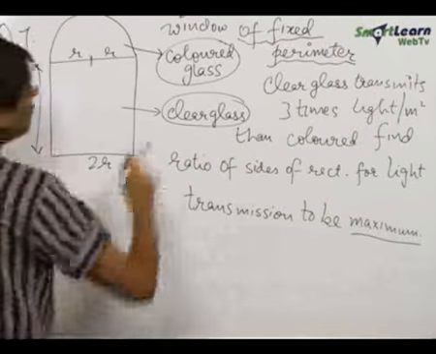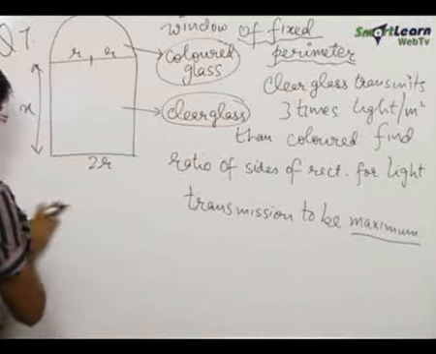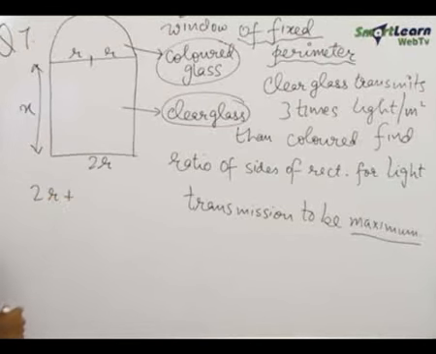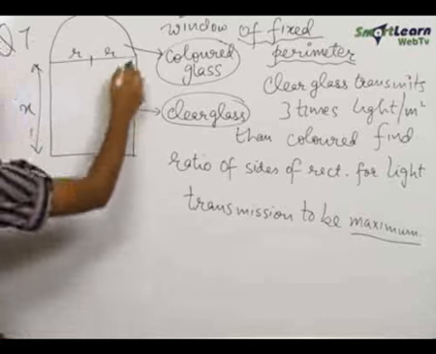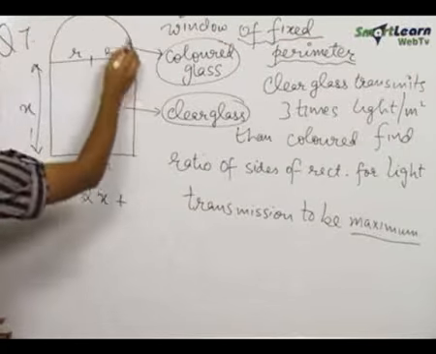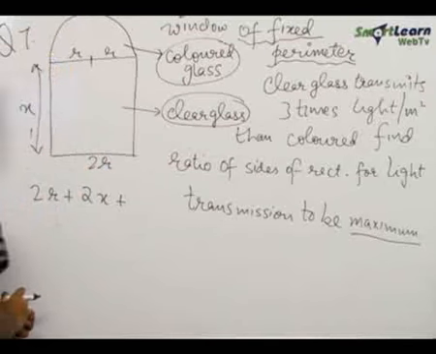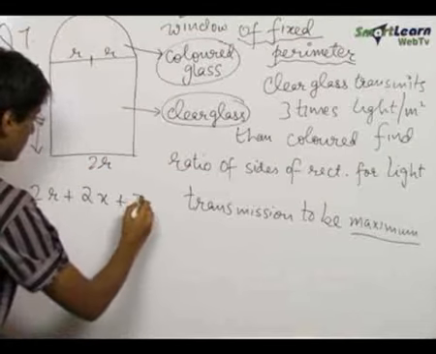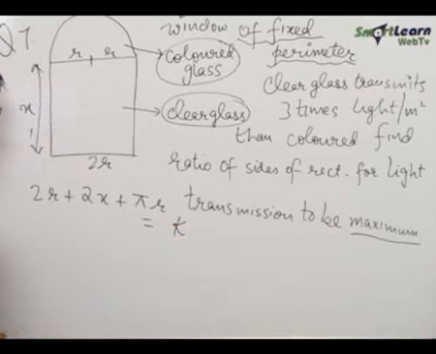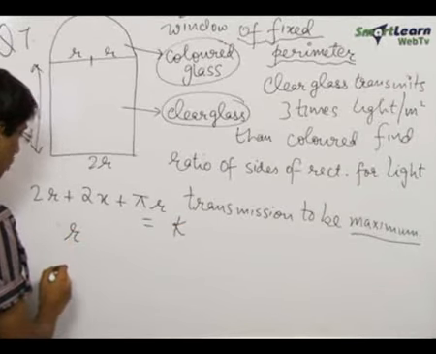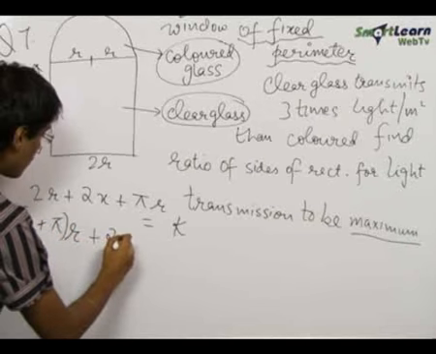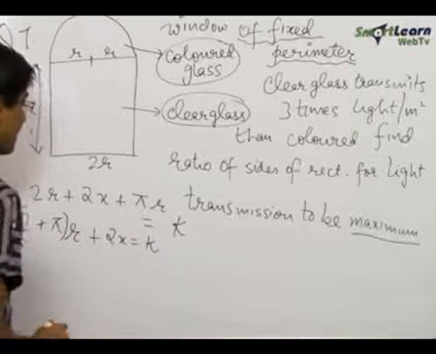Now we are given that the window has a fixed perimeter, so the perimeter is 2r plus 2x plus pi r, which is the circumference of the semicircular portion, and this is given to be equal to a constant k. Now we have (2 plus pi) times r plus 2x is equal to k.